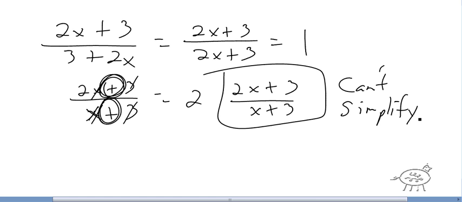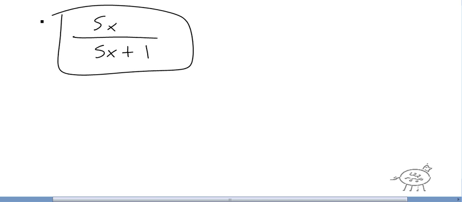Okay? Real simple. Let me show you a couple other ones. If I have 5x over 5x plus 1, it's so tempting to cancel out that 5x, but you can't. It's simplified right the way it is.